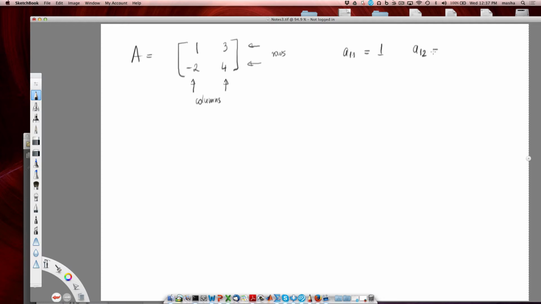A1,2 is 3. A2,1, meaning second row, first column, is minus 2. And A2,2 is 4. So in A_ij, the i refers to the row and the j refers to the column.